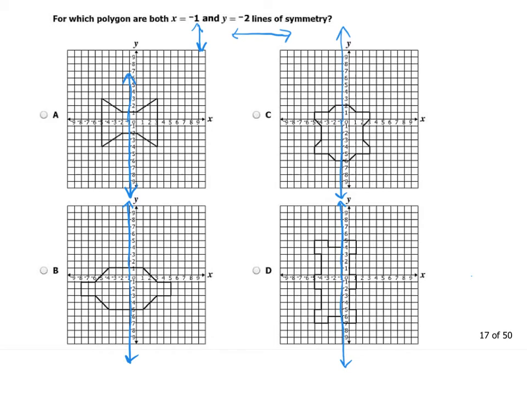When I look at that, it's definitely not a line of symmetry for D. So I'm going to go ahead and eliminate D. What else is it not a line of symmetry for, do you think? Well, I don't think it's in the middle of B, so I'm going to eliminate B. Next, in red, I'm going to put in all my y equals -2 lines. So once I put in my y equals -2, the one that splits it and makes it a reflection over that line is going to be C.